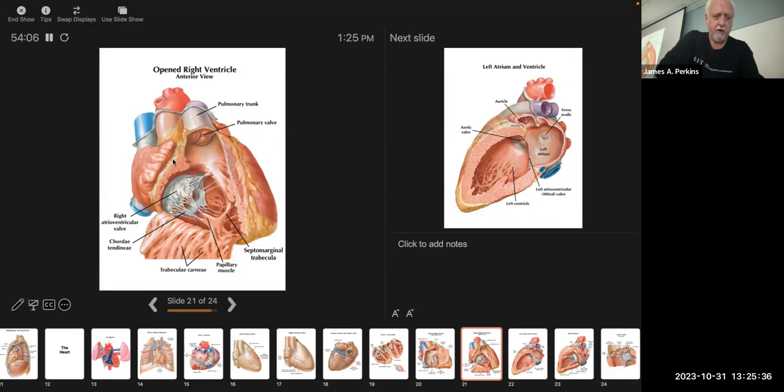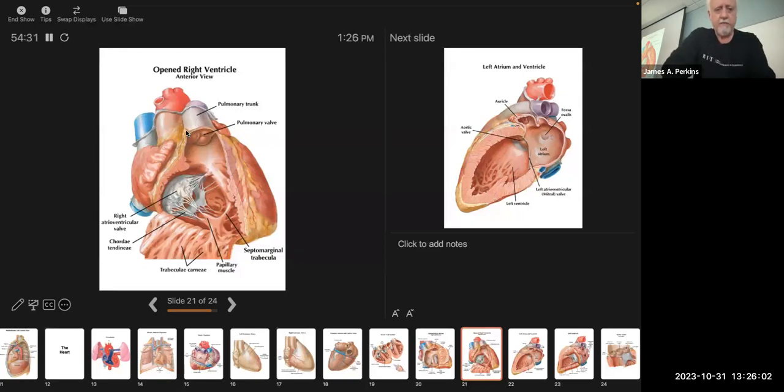So that right coronary artery is going to be sitting in this sulcus over here between the atrium and ventricle. So you want to try to cut just anterior to that right coronary artery. And you're going to cut all the way up until you reach the pulmonary valve, which is a little valve with 3 cusps that regulates the flow of blood into the pulmonary trunk.